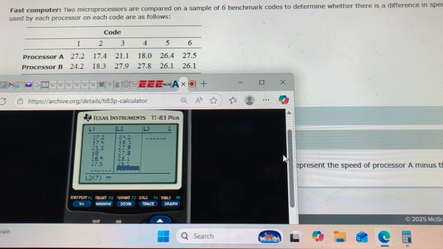This isn't really a before and after, but you can do it the same way as if it was a before and after.